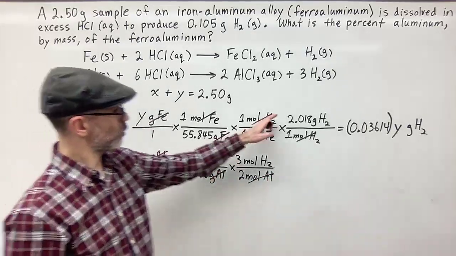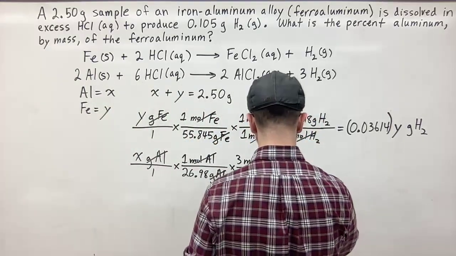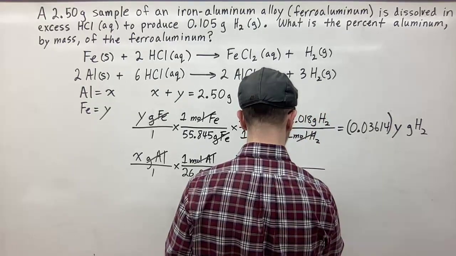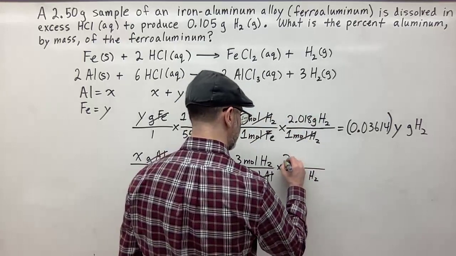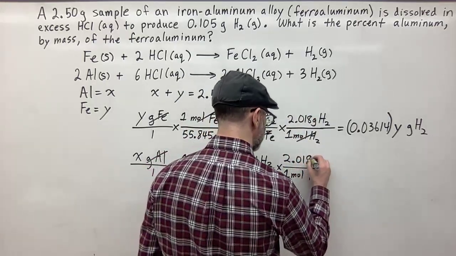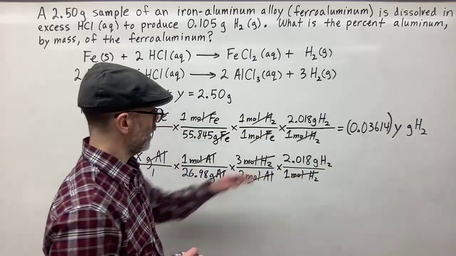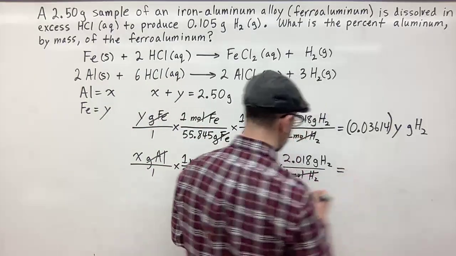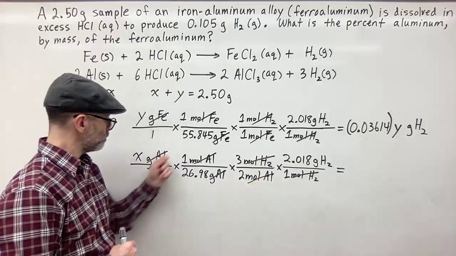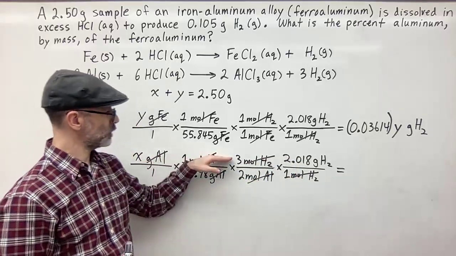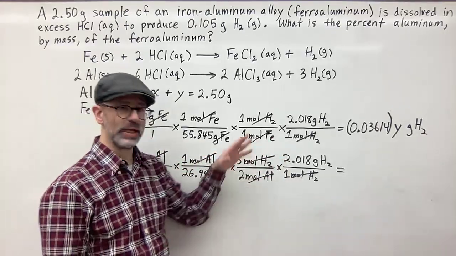So now I'm going to multiply by the molar mass of hydrogen to get grams: 1 mole of H2 on the bottom and 2.018 grams of hydrogen on top. Moles of hydrogen cancel out. Now I have grams. So once again, I multiply everything across the top and divide by everything on the bottom. Basically it's x times 3 times 2.018 divided by 26.98 divided by 2. That's going to give my answer.